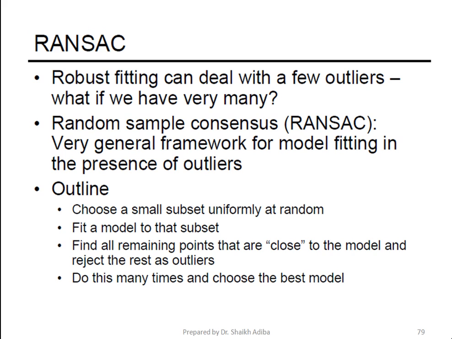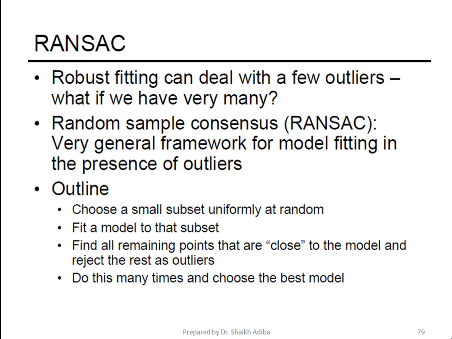So initially we will be selecting only a small set of data points. Then we'll be applying a model over the selected data points, and we will try to map the remaining data points which are very close to this model.